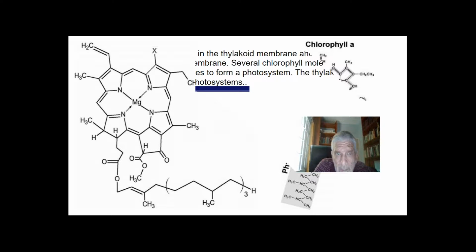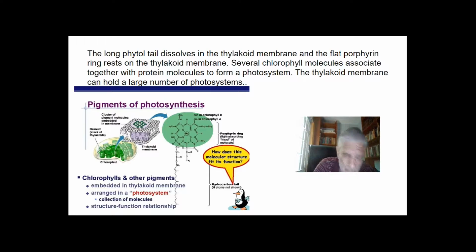And it's the porphyrin ring which absorbs sunlight. And when it does so, the electrons in the molecule get excited. It's something, again, we'll talk about in a short time.